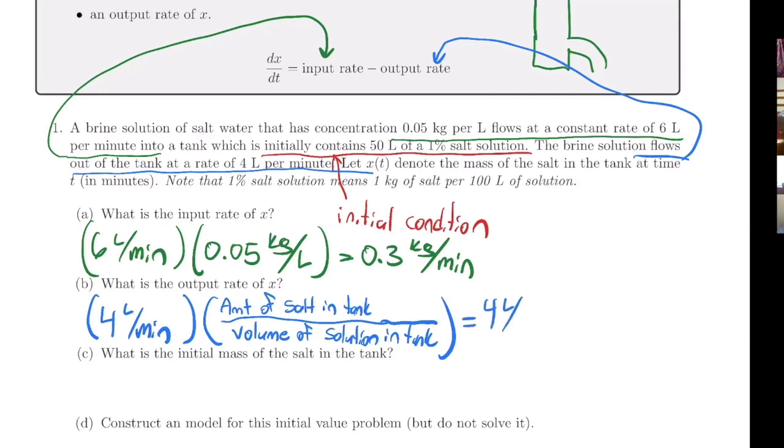So we've got these 4 liters per minute. And then again, this is the part that's changing. So how could we express the total amount of salt that's in the tank at time t?